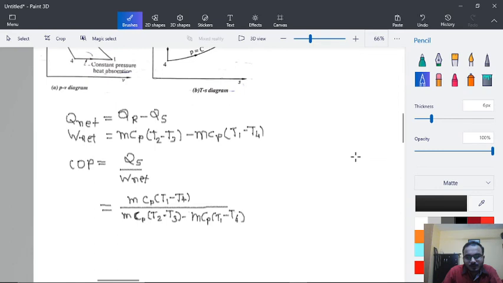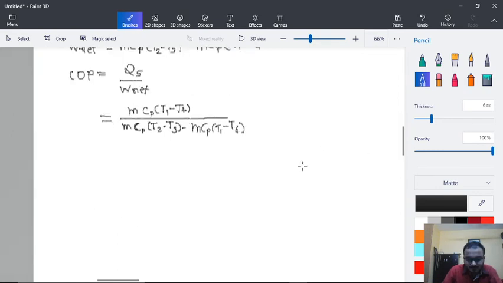So finally what we are left with can be written as (T1 minus T4) divided by (T2 minus T3) minus (T1 minus T4). So here this is the value of COP.